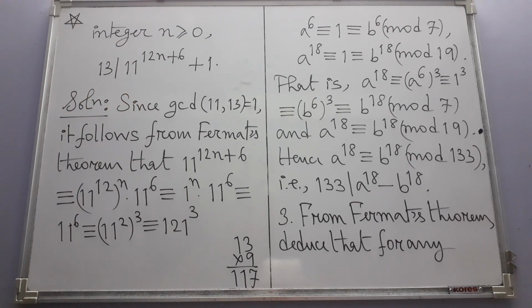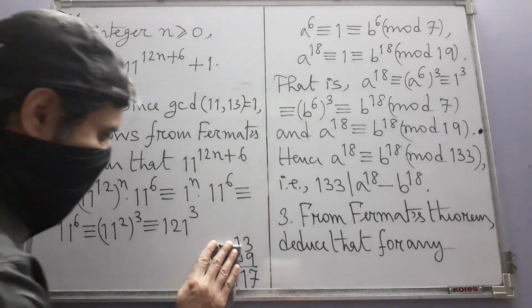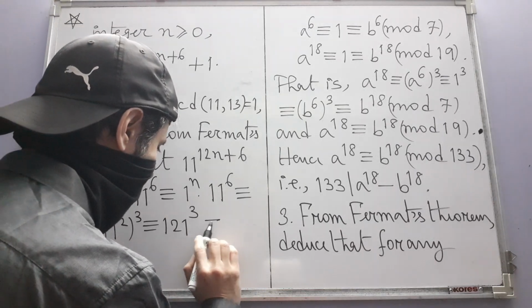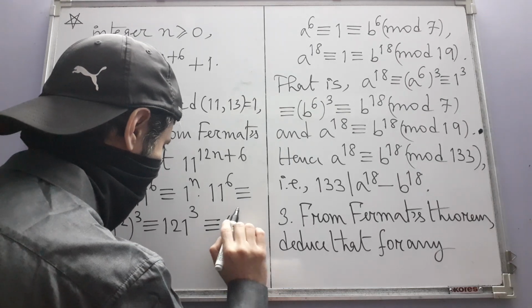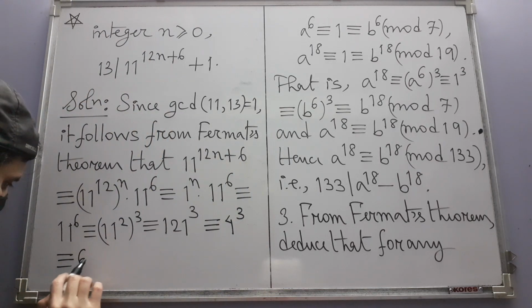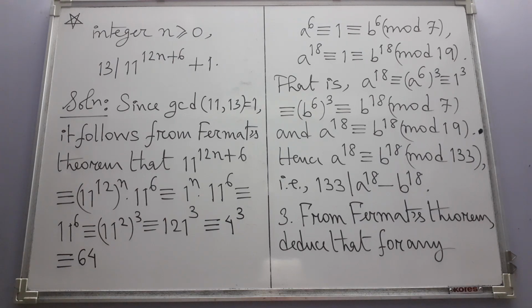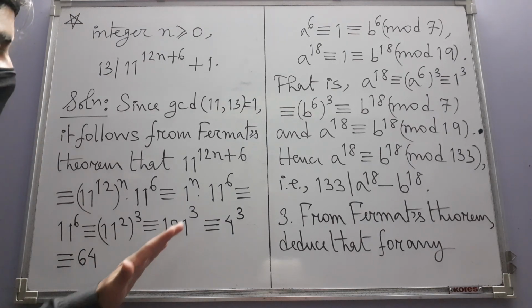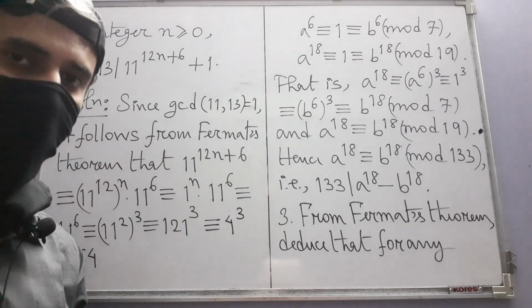That means the cube is congruent to 4 cubed. And 4 cubed is 64. Now 5 times 13 is 65.